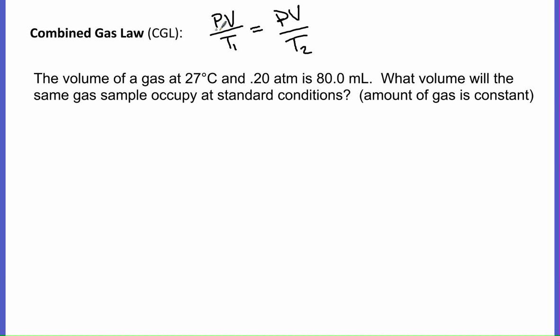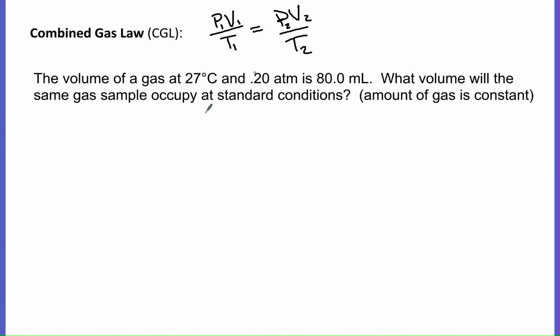So in the future, when I don't actually tell you which law to do, you just set it up like it's a combined gas law, and you go ahead and cancel out whatever stays the same, and then you're doing one of the other three laws. You don't even need to know which one it is. As long as you start out with this equation, you can do any of the problems we've done already.